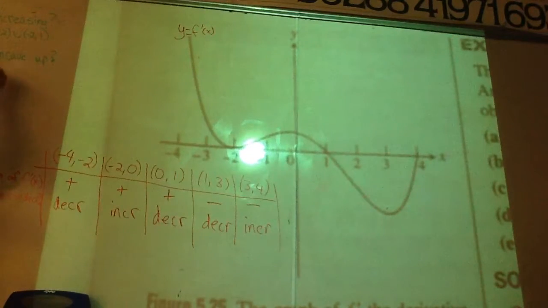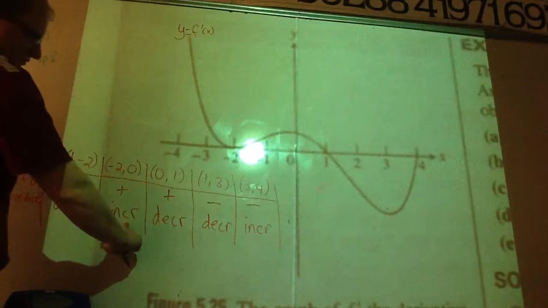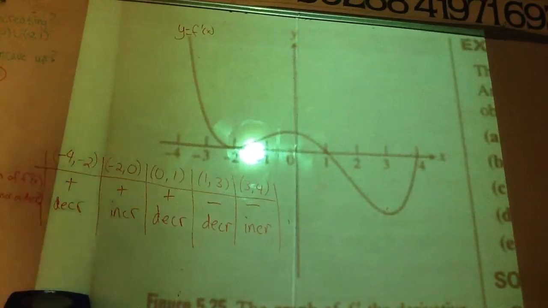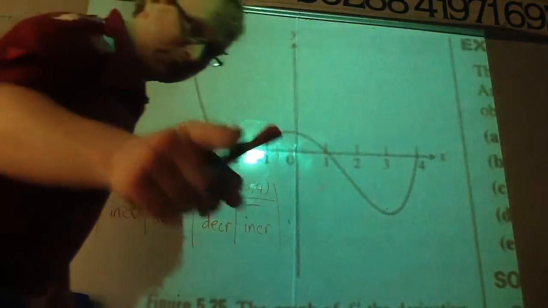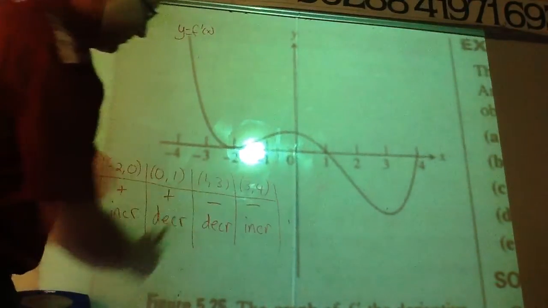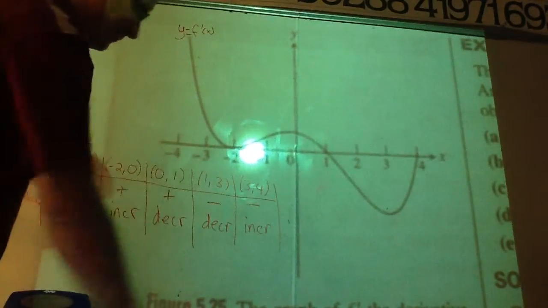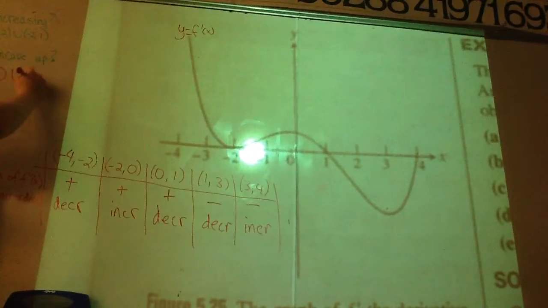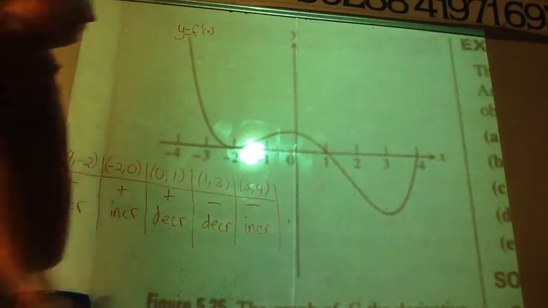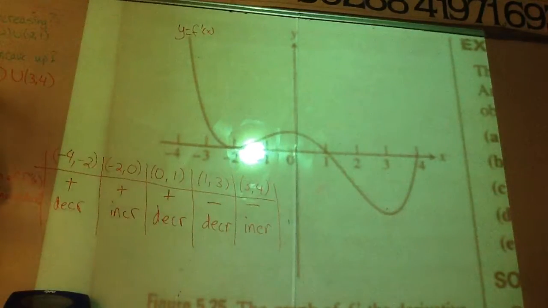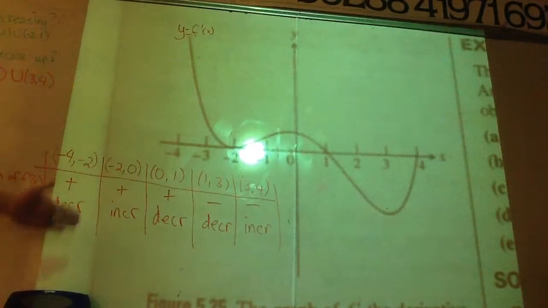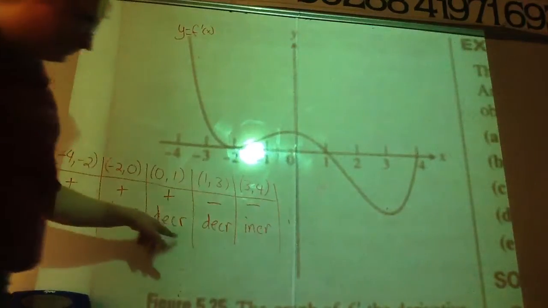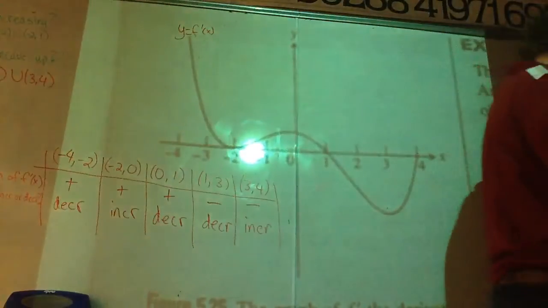It's concave up from -2 to 0 and from 3 to 4. Then the rest would be concave down, because the slope is getting smaller, and the slope is getting smaller, and the slope is getting smaller.